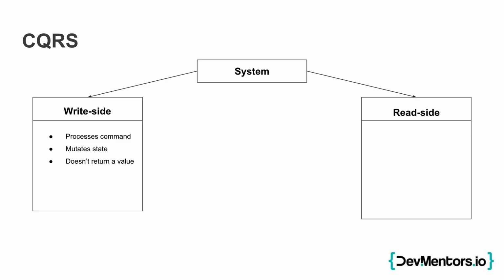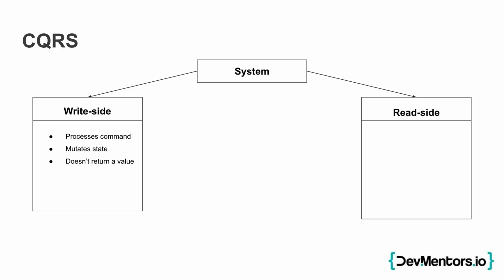What is also important is that the common convention is that commands have imperative names, like create order or cancel subscription. So you will see that all our commands will have imperative names.